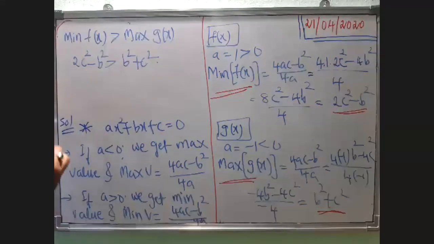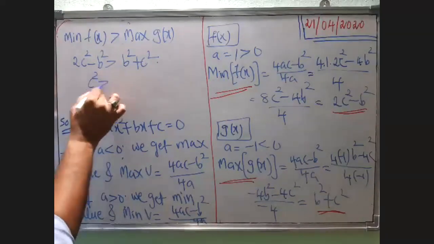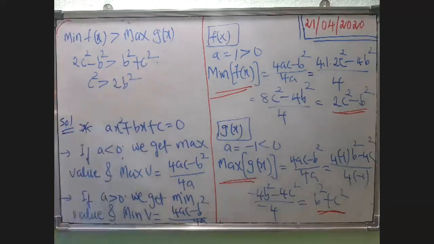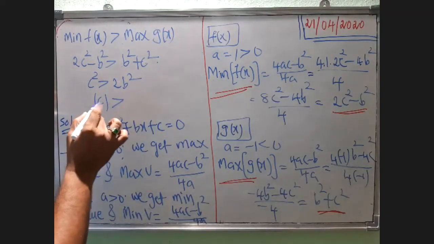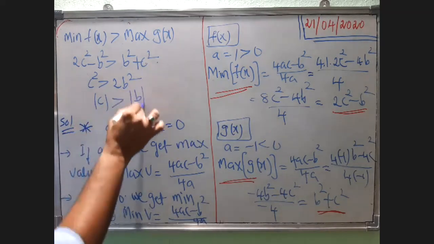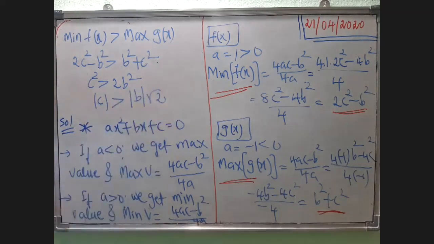I am getting here c square greater than 2b square. This implies mod c value is greater than mod b times of √2. Therefore, option B should be correct.